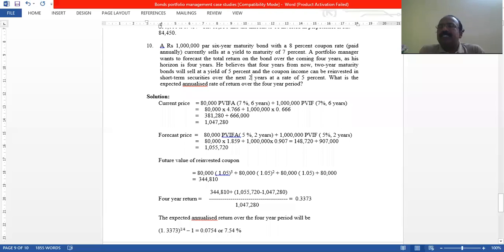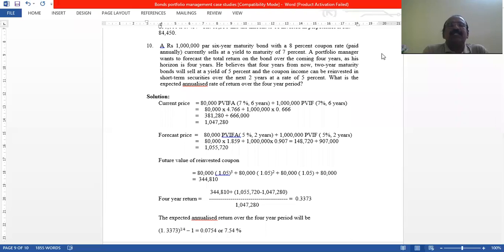7% 6 years. How are we getting it? 4.766. So that is the table value. So either you can take the table value or you can do it by yourself. How we do it?